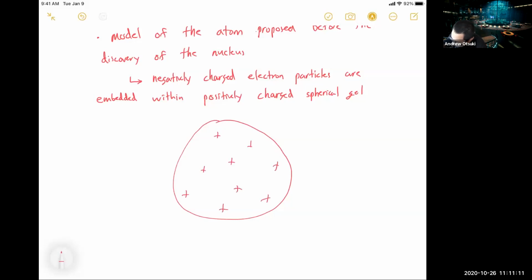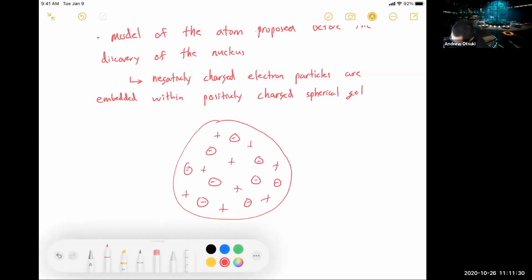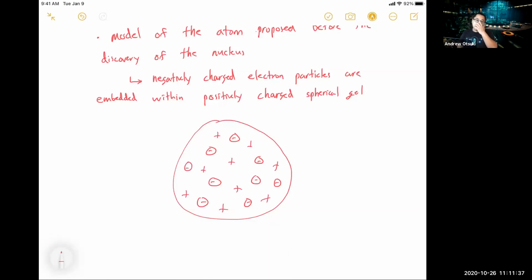And then by the sides are these negative charges, which are the electrons, like point charges right here. Something crudely representing this. But obviously that is not how it came to be, and we're going to discuss that right now.